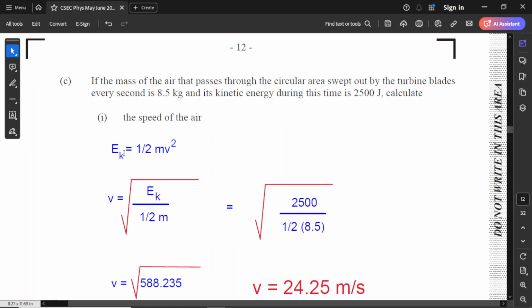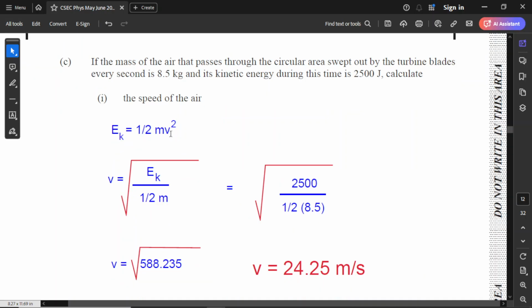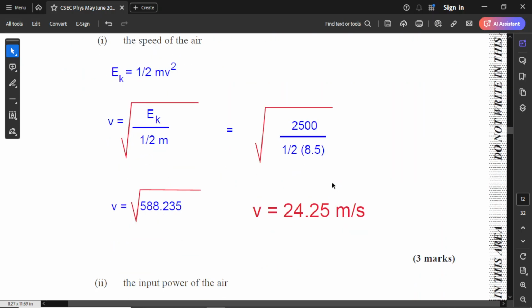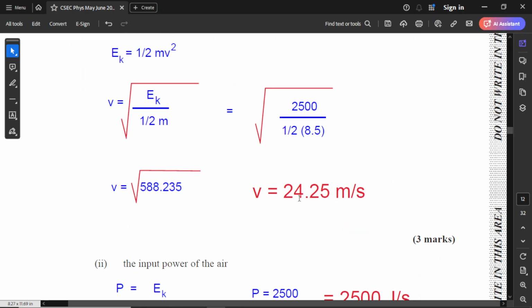The kinetic energy, as we know, is equal to half mv squared, and we want to find v. Therefore v is equal to the square root of the kinetic energy divided by half the mass. We have a kinetic energy here as 2,500, and the mass here is 8.5 kg, so half of that. And our answer will be 24.25 meters per second.